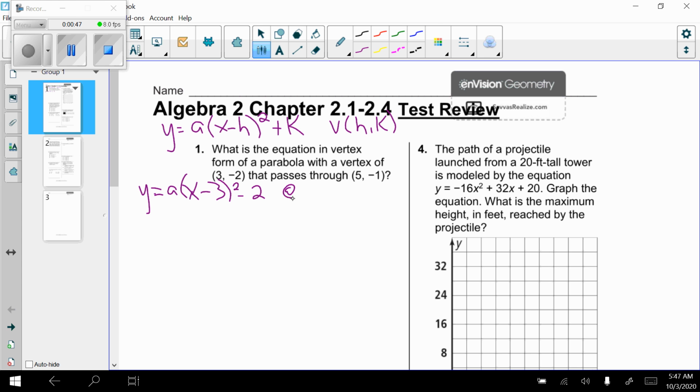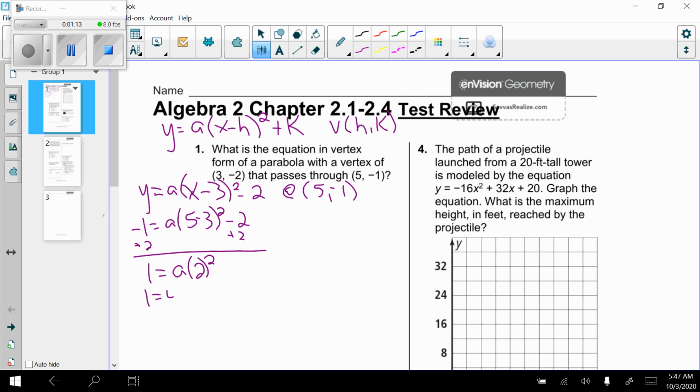Now we're going to evaluate at the point (5, -1). So we're simply going to plug in 5 for x and -1 for y and solve for a. So I get -1 equals a times (5 minus 3) squared minus 2. Add 2 to both sides. So I have 1 equals a times (5 minus 3, which is 2) squared.